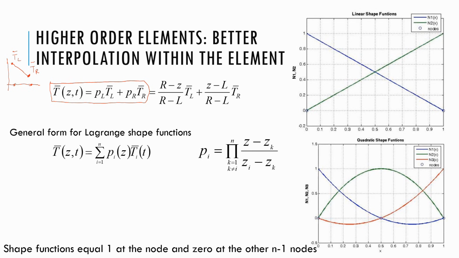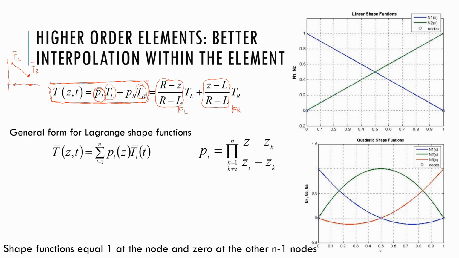And so that's this equation. This is the equation that gives a weighted combination of left and right depending on where you are. So these are the interpolation functions. This is PL and this is PR.